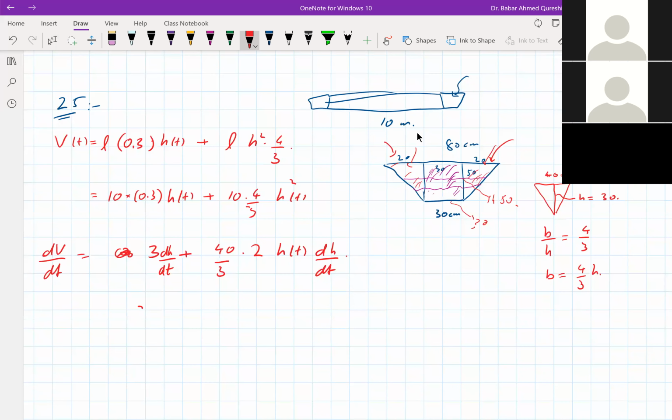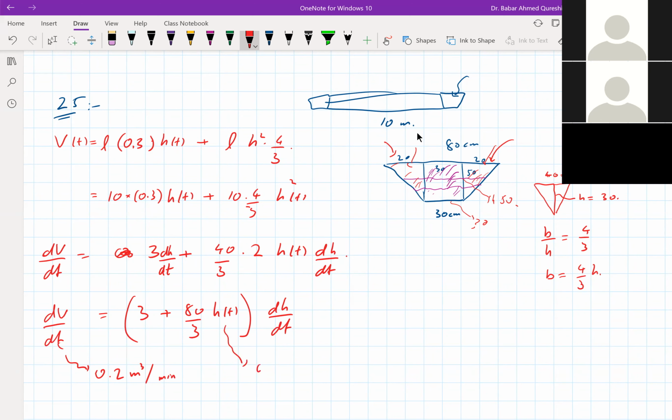So you get 3 plus 80 over 3 h of t, times dh over dt, is dV over dt. This is given to you. This was a fixed rate. It's 0.2 meter cube per minute. And you have to find when this is 0.3 meter deep. So you put this in and solve for it.